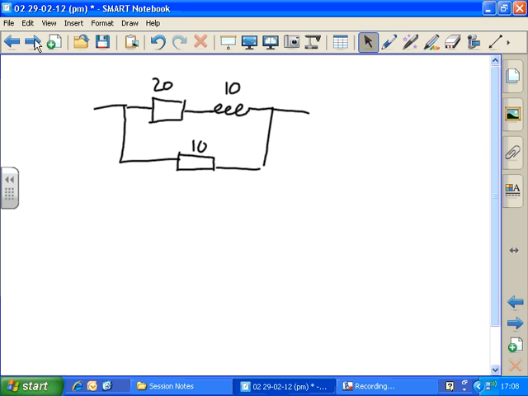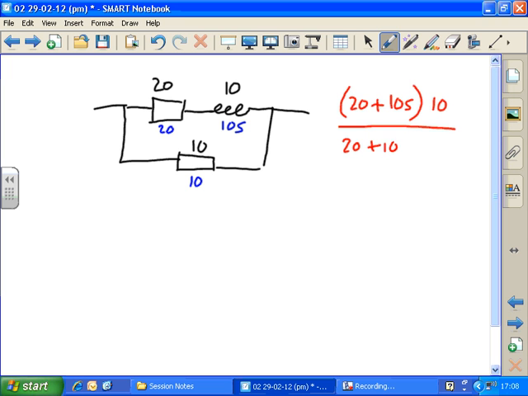So what's the Laplace transform? Yeah, this will be, and that will be. So now we've got to apply the idea of product over sum. What's the product of what's on the top, which is 20 plus 10s, and what's on the bottom, which is 10, divided by 20 plus 10s plus 10.